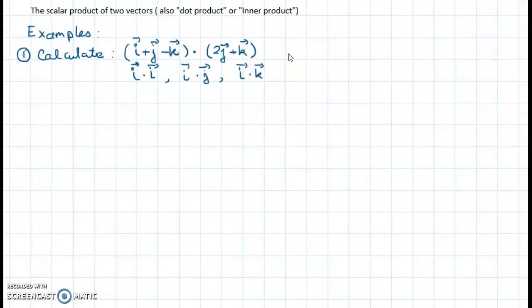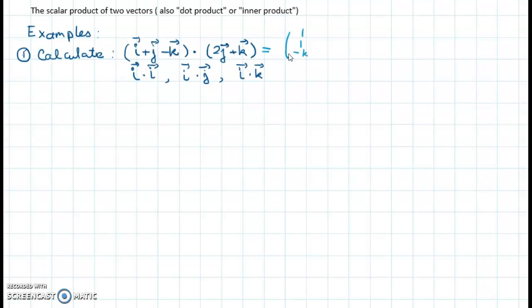Let's see some examples. I have here some vectors. I want to compute the dot product between them. Let's say we have the vector i plus j minus k, dot product with j plus k. There will be different ways of doing this. Since we have our definition in terms of the coordinates, you may want to write this vector in terms of the coordinates.